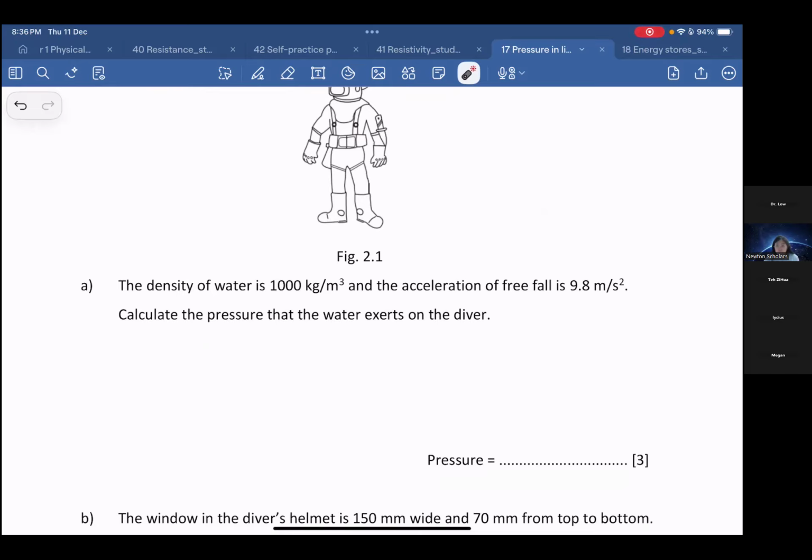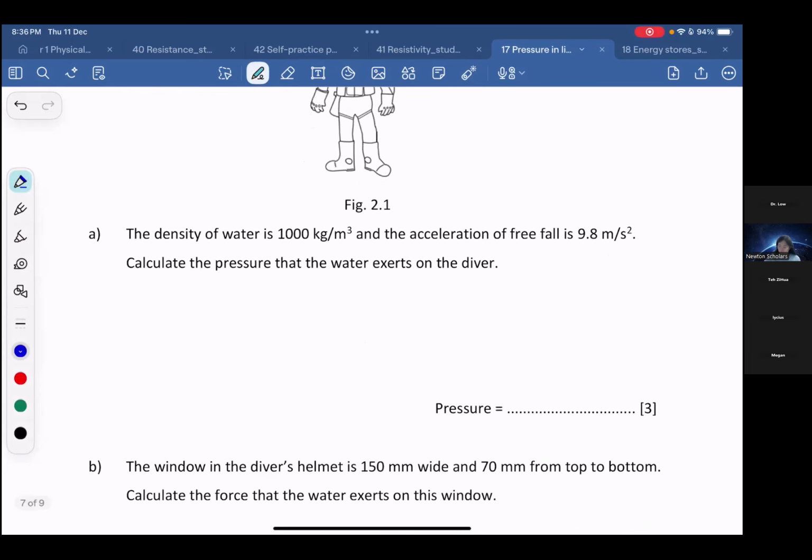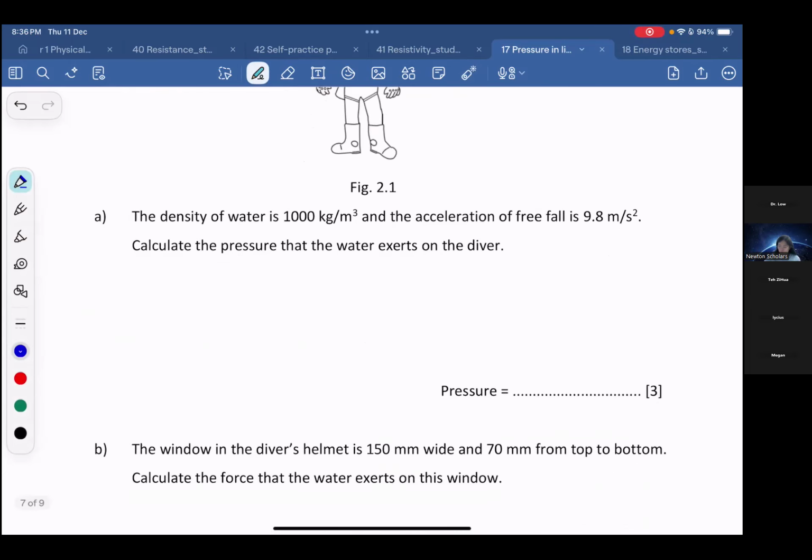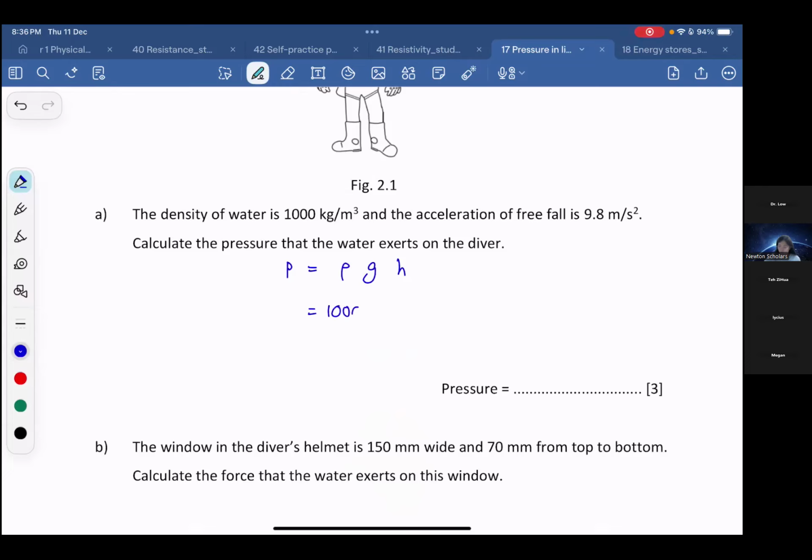Crystal, yes. Angeline, yes. P equals rho g h. 1000, g is 9.8, depth is 50. So your answer should be 490,000 Pascal.